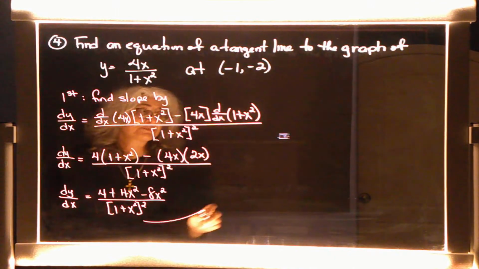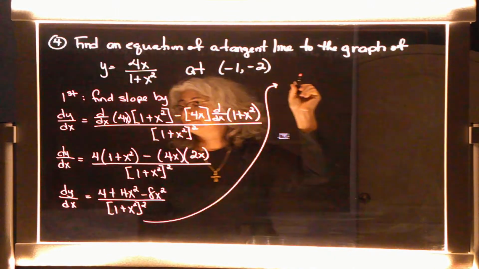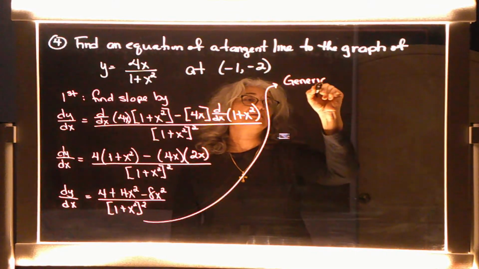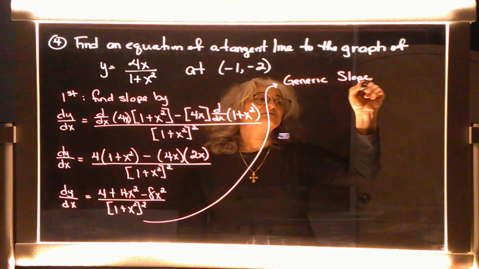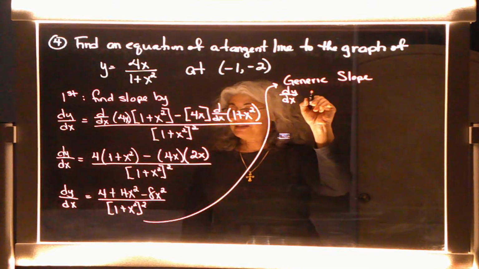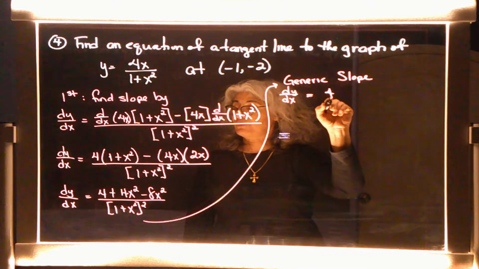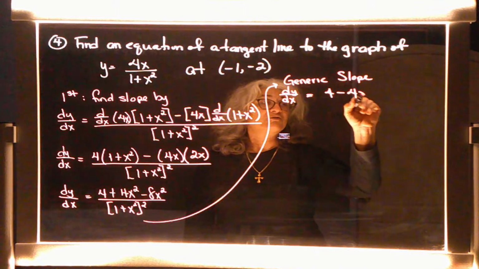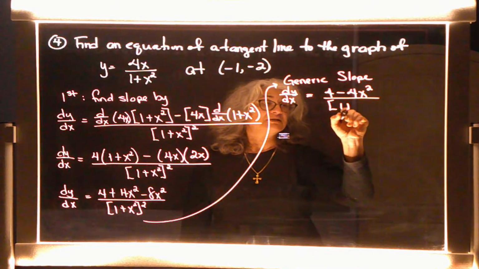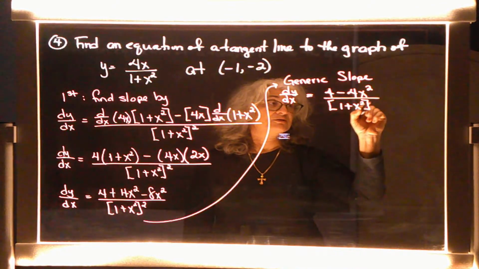And I'm going to bring this up here. It looks like my generic slope, the derivative of y with respect to x, is going to equal 4 minus 4x squared all over the denominator squared.